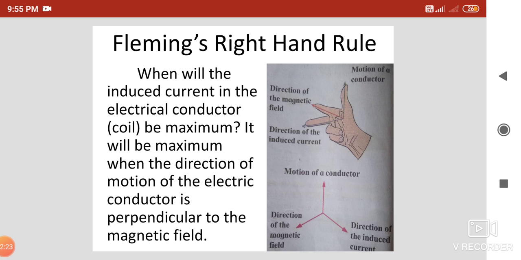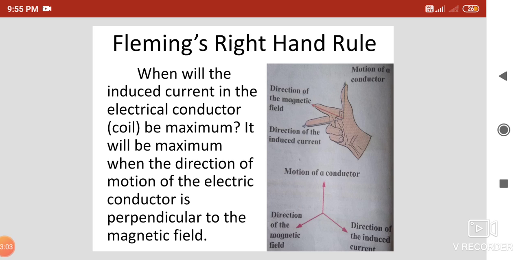Now let us see the statement for Fleming's right hand rule. Just observe the figure, or you can see it in the textbook. We have to stretch the thumb, index finger and middle finger of the right hand in such a way that all three are mutually perpendicular to each other.